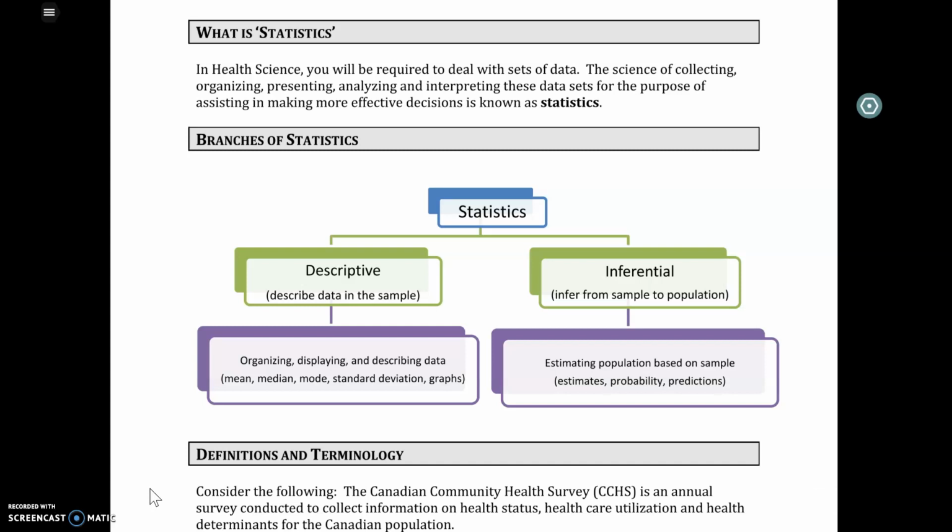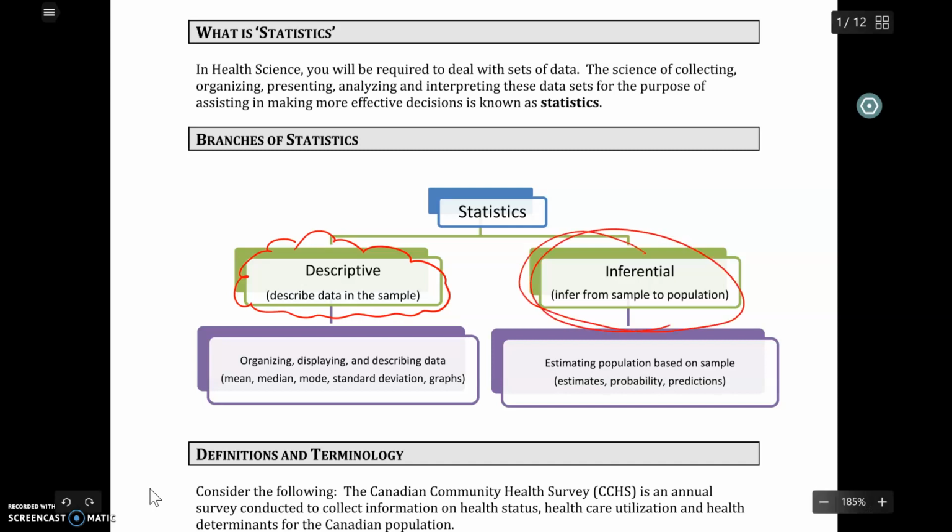For the first bit, for Unit 2 in this course, we're going to be focused on what we call descriptive statistics, which are about describing what is actually known, about finding averages, how spread out data is, and those sorts of things. And then after that, we're going to move on to the second branch, which is inferential statistics, which is about using data that's been collected to make predictions.